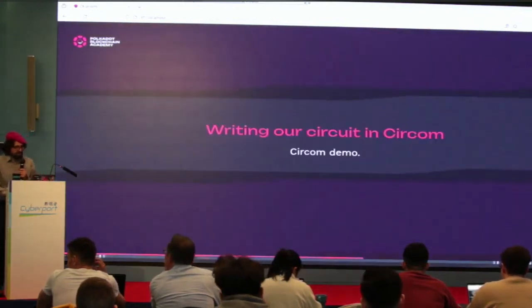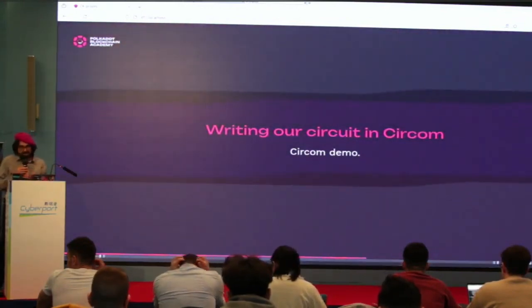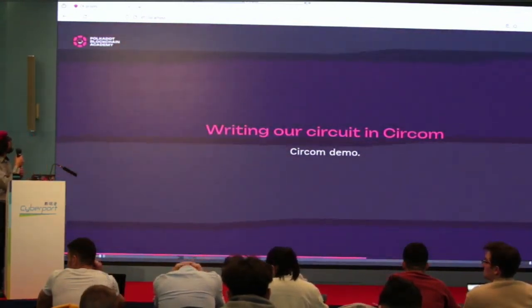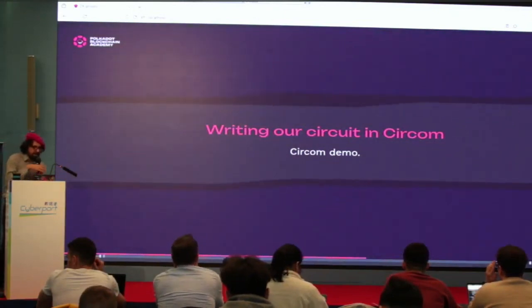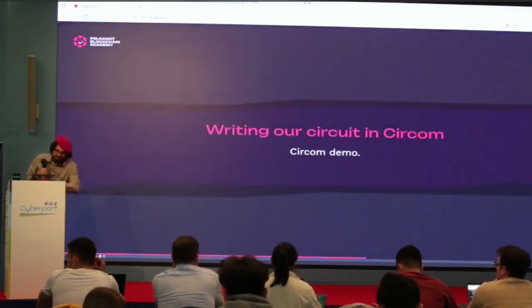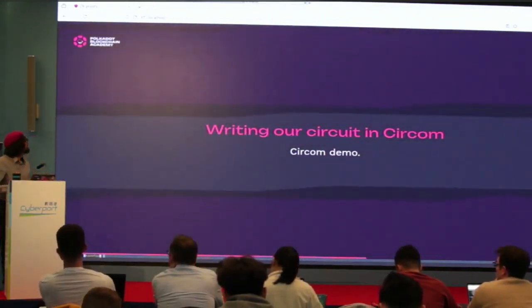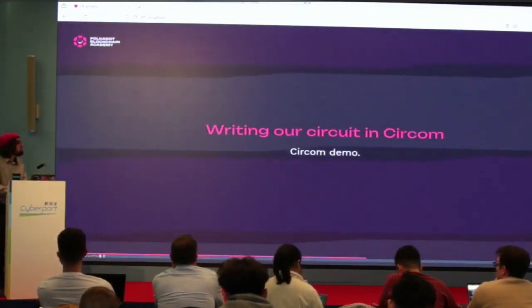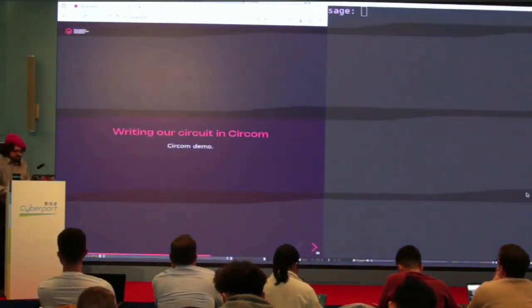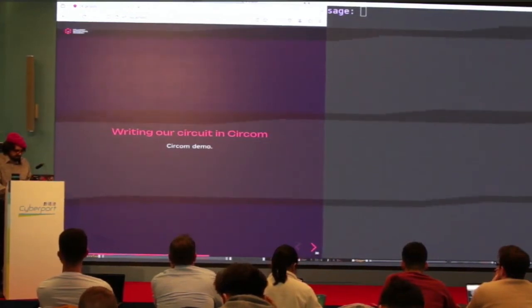So I'm going to just show you the circuit, how it looks in CIRCOM, okay? Maybe I can use this now, somehow successfully or unsuccessfully. Okay, I'm coming here, and let me go on 5.